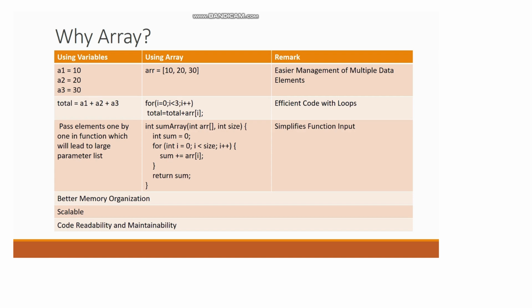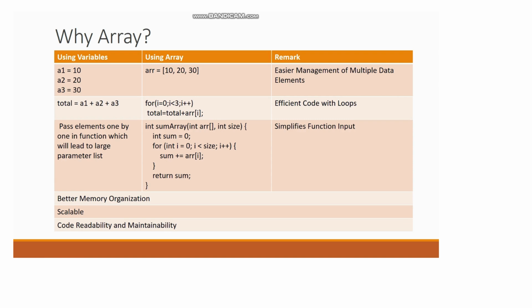Ultimately, the data which we are going to store is of integer type, that is, a roll number. So why not have an option where instead of declaring 50 different variables, we declare only once and use it again and again? For that, the solution is array.